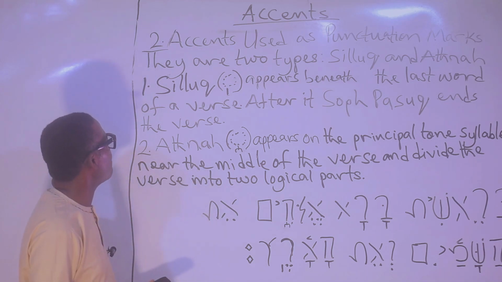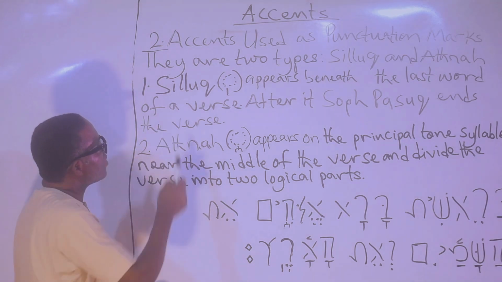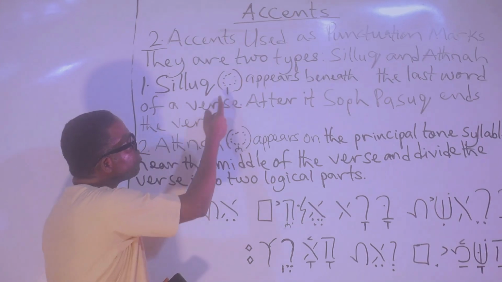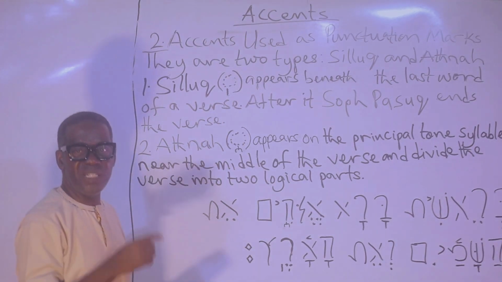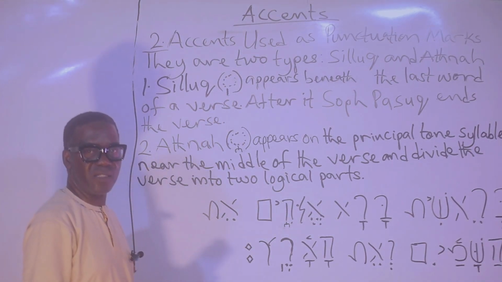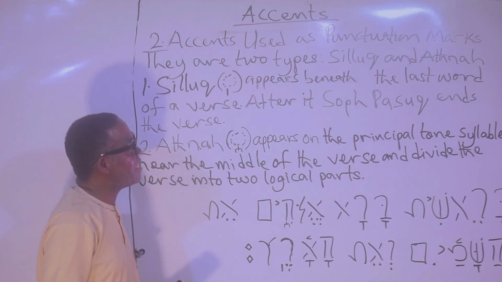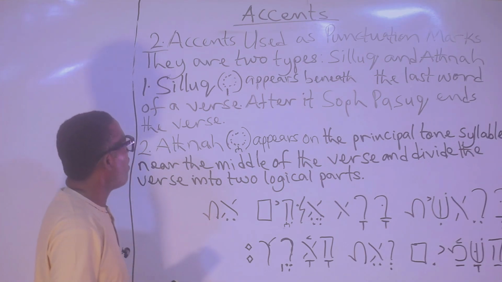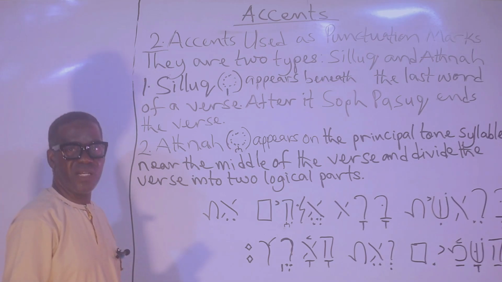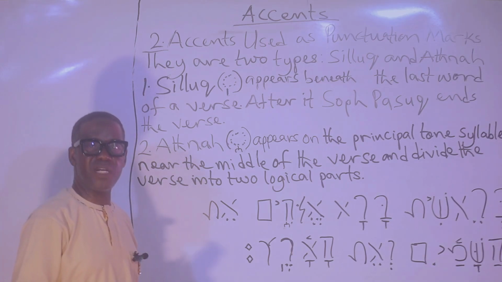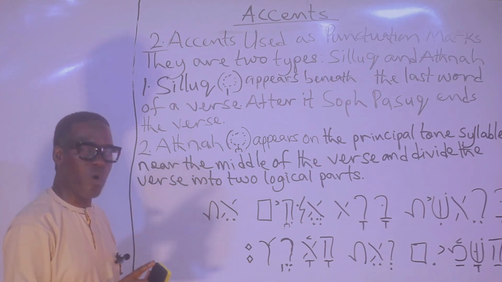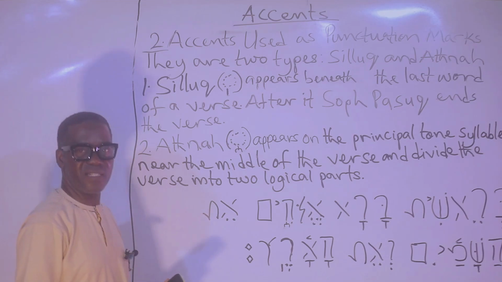The first one, Siluk, is a vertical stroke beneath a consonant and beside the vowel of that consonant. It appears beneath the last word of a verse.